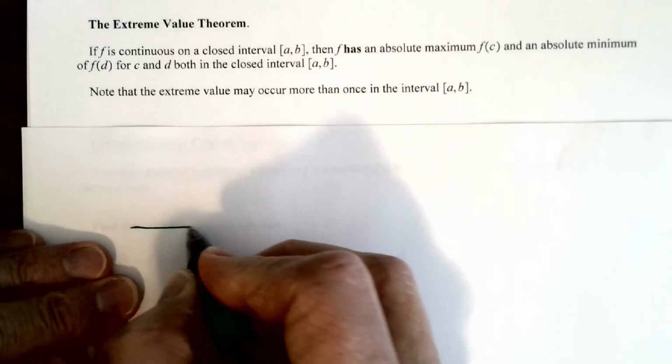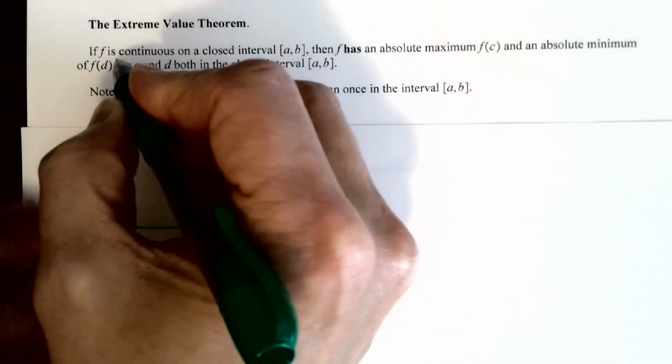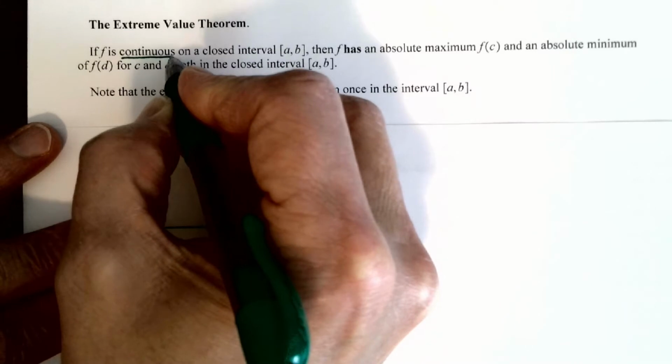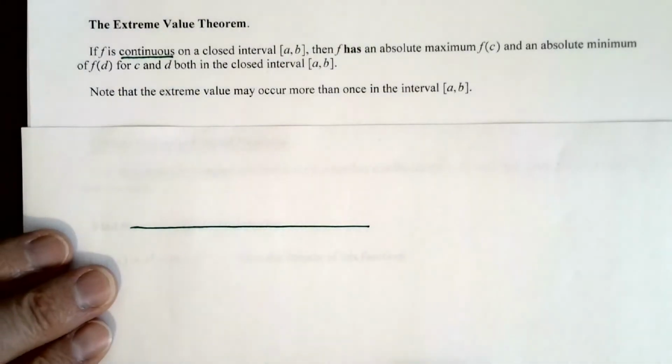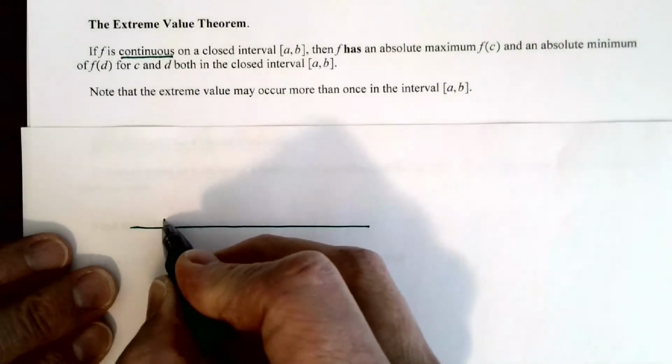The key is that the function is continuous. That's a key part of this. Remember what it means for a function to be continuous: the limit exists at every point, the value of the function exists at every point, and those values are equal to each other at every point in the interval.